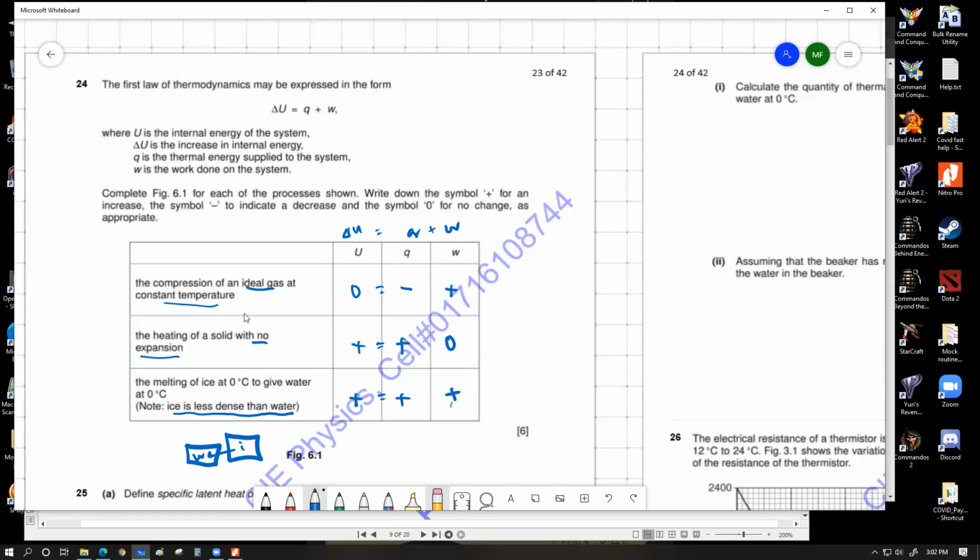Now look at the mark scheme and find out for yourself what it has for you. What do you see in the mark scheme?